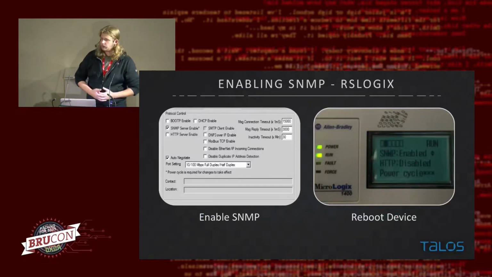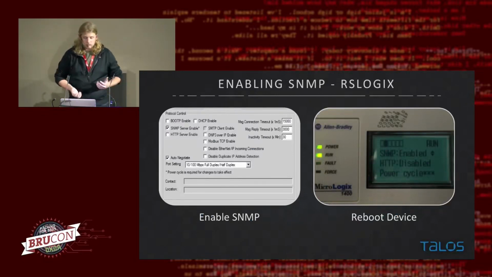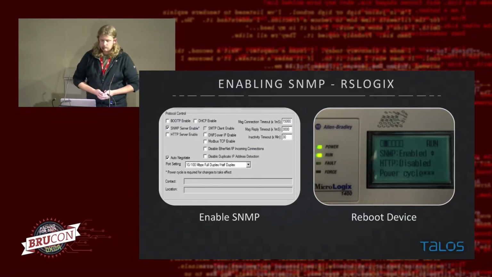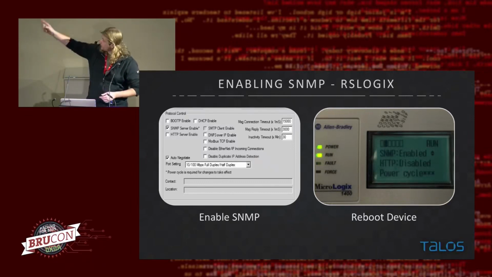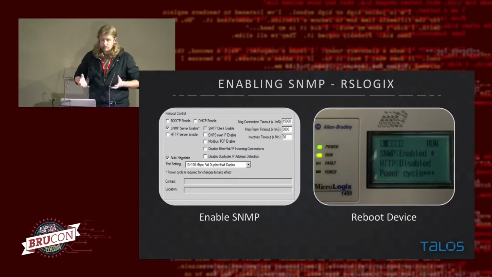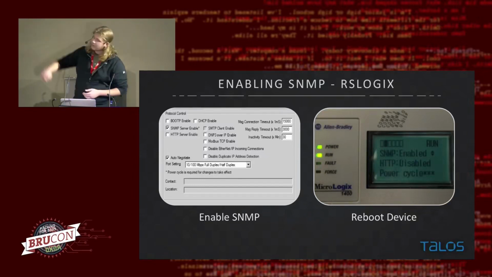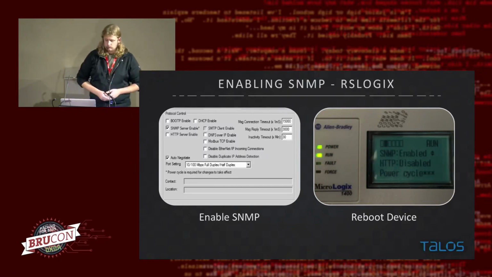Whenever we first looked at this, trying to figure out how the service gets enabled, we figured the easiest, best, smartest move would be to go look at the normal programming software, RSLogix. The picture you see up there on the left is what I'll be talking about as a channel configuration menu. If you see in the top left corner, you'll have an SNMP server enabled button, or checkbox.